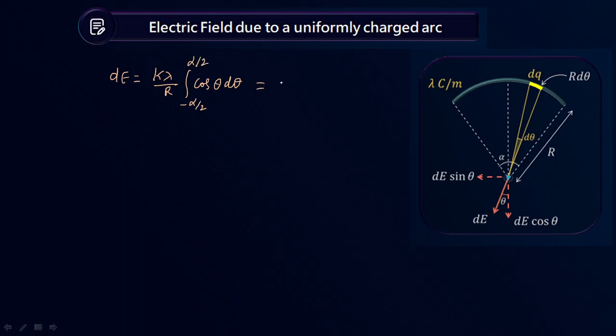The integral of cos theta is sin theta, so we have k lambda by r times sin theta from minus alpha by 2 to alpha by 2.